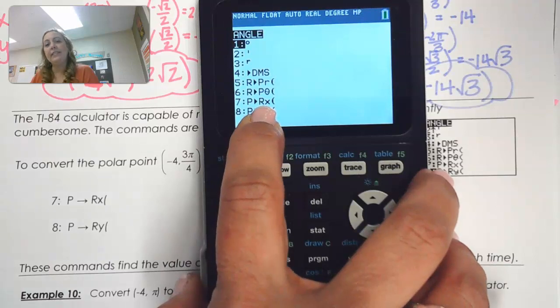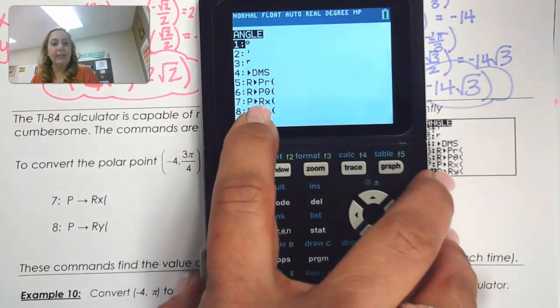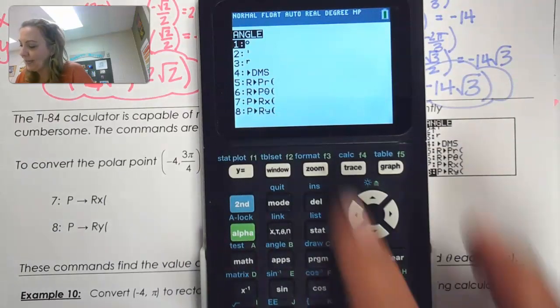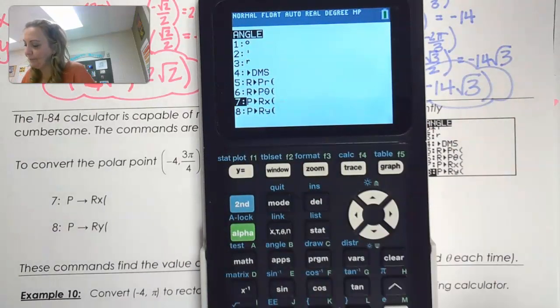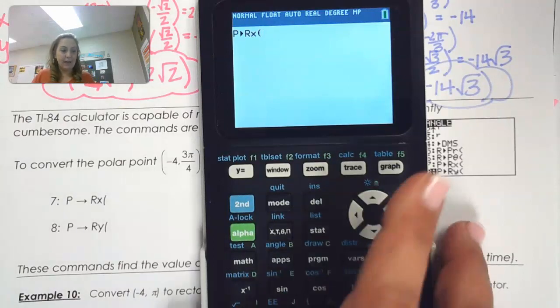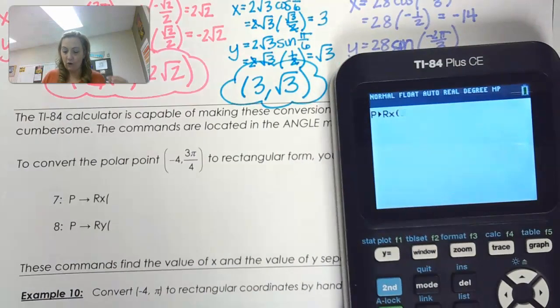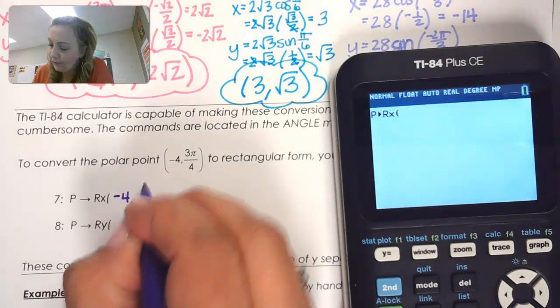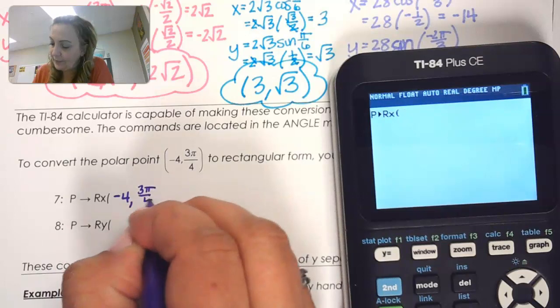And so number 7 is saying, do the polar to rectangular for the x, okay? And so I'm going to go down to that number 7. And then in there, I'm going to put in the r, theta type of a thing. So I'm going to put -4, 3π/4 in there.